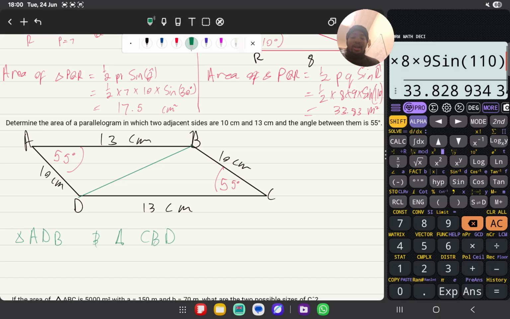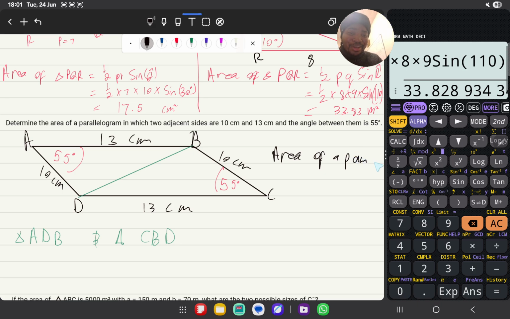That means to calculate the area of the whole parallelogram, we'll just say area of a parallelogram.